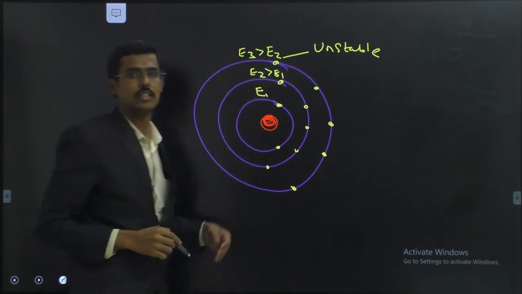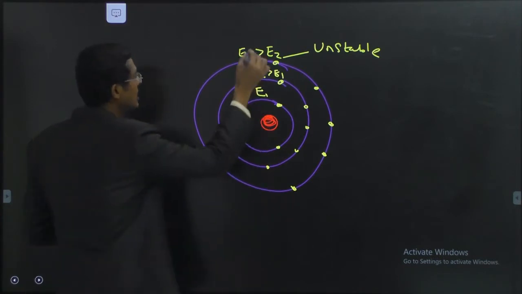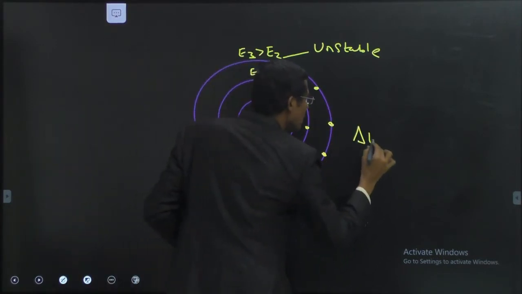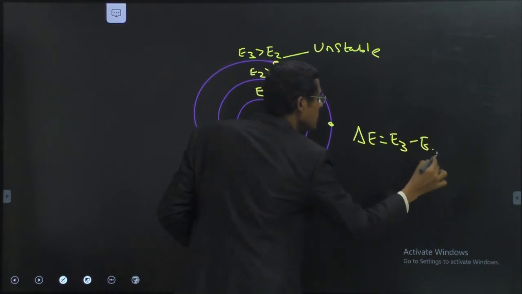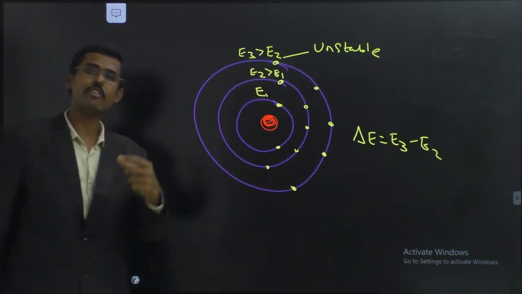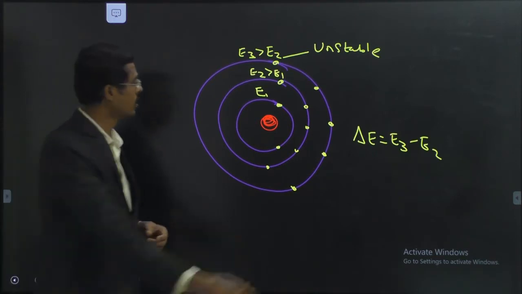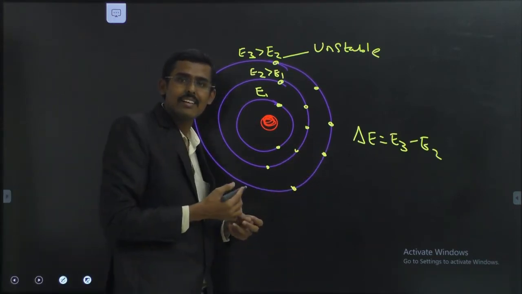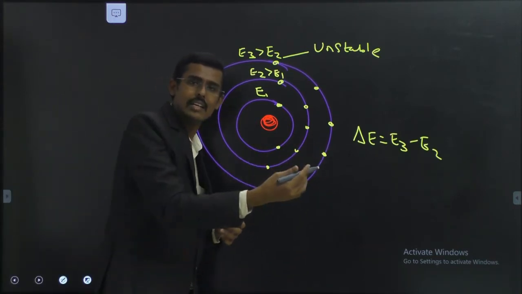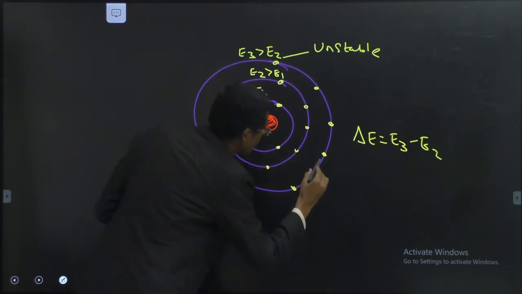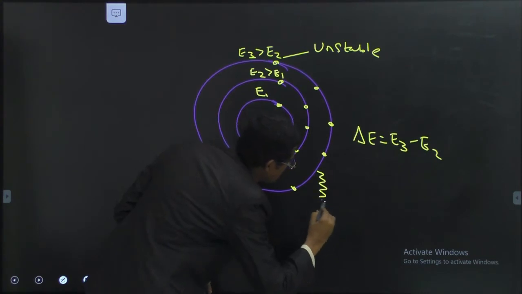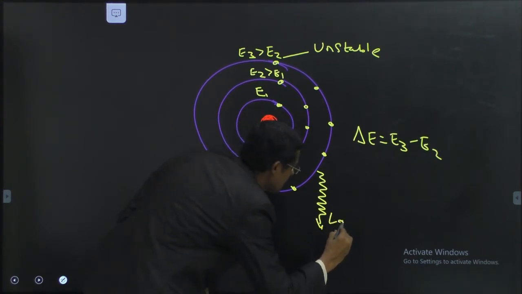There is a difference, del E. So del E equals E3 minus E2. This energy difference causes these electrons to emit photons outside in the form of monochromatic rays, which is called laser.